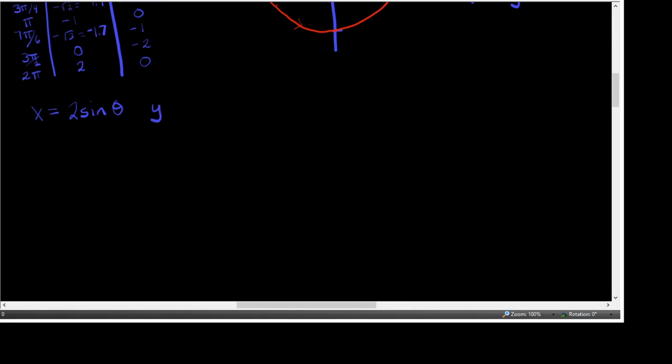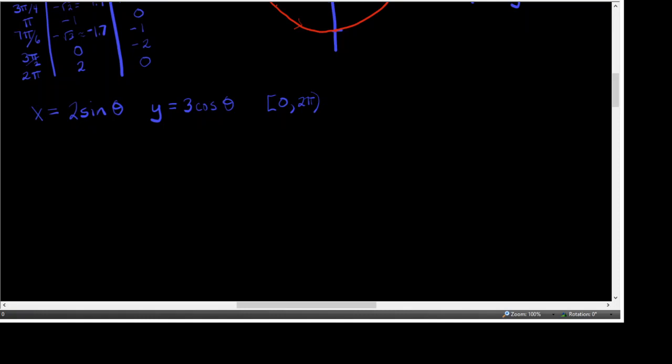They may have written a t there. When it's trig functions, I tend to like theta, so I'm going to change the problem to be theta, but you can certainly use t. There's no problem with doing that. It won't hurt a thing. So anyway, going from 0 to 2 pi for the theta values, or I guess you could say for the t values if that's what you wanted to use.